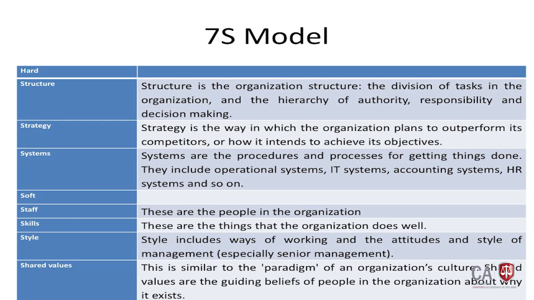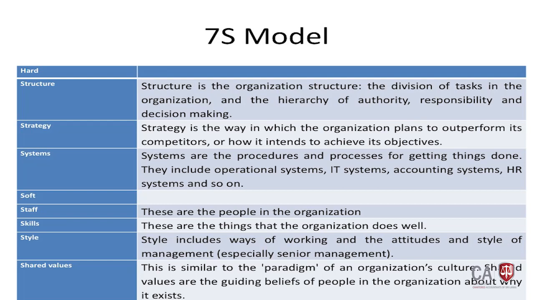Style means ways of working, attitude and style of the management. This mainly refers to the management style. For example, what leadership style is applied by the management? Is it autocratic? Is it democratic? That is an example. Then shared values, I told you this is the most important one. This is similar to the paradigm of organizational culture.